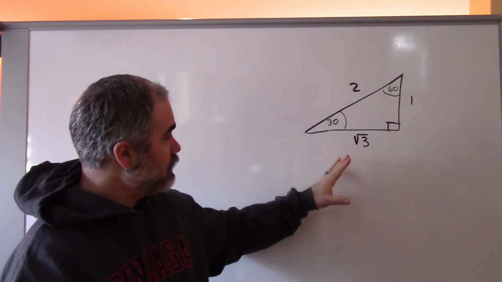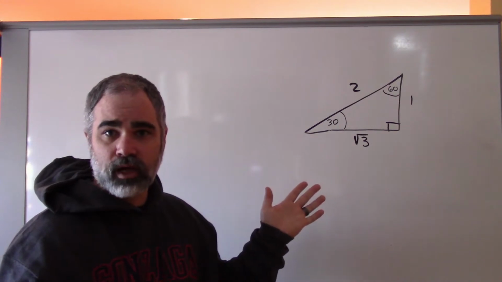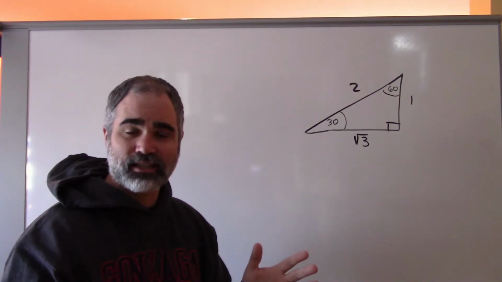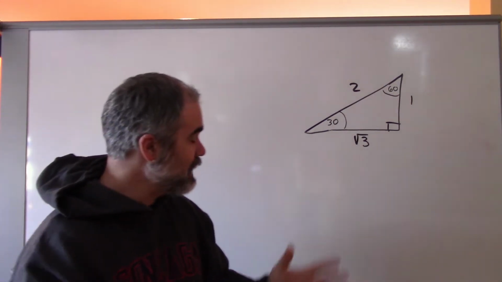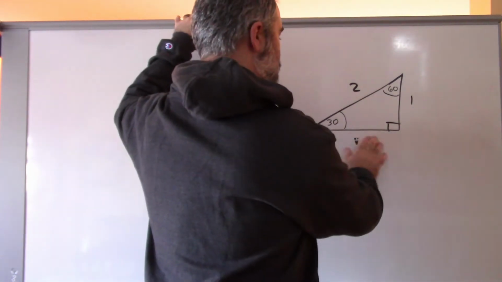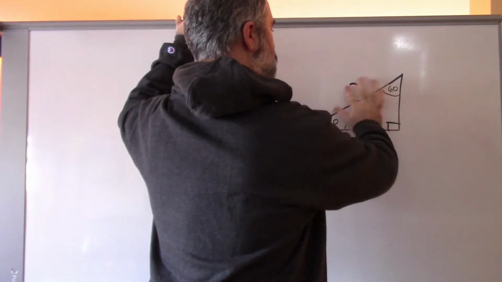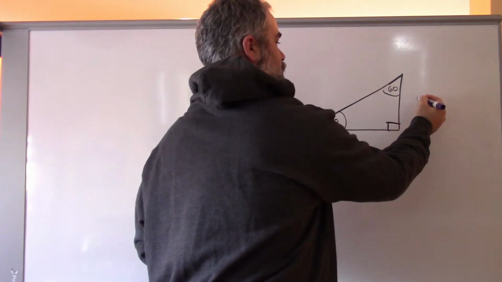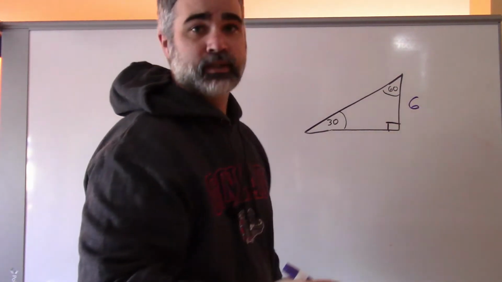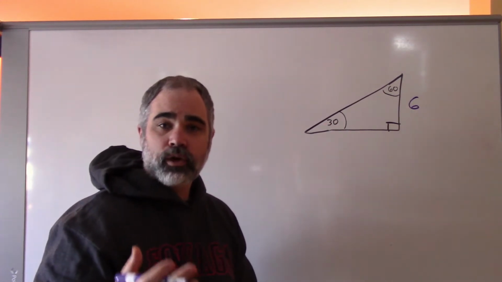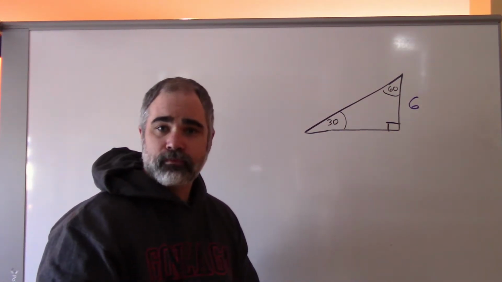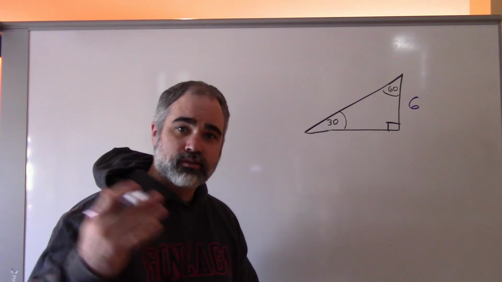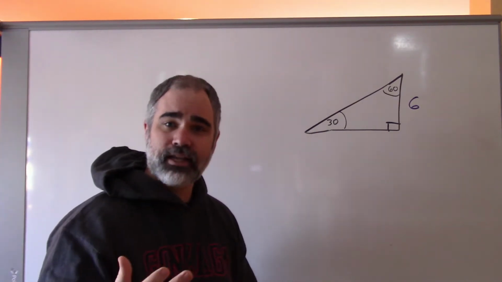But what I want to do here is ask, how can I use this to find any side length? Let's imagine that this is another 30, 60, 90 triangle, and I know that this side is 6 units long. What you remember from before is that the special right triangles all have a scale factor, and you just have to find that.